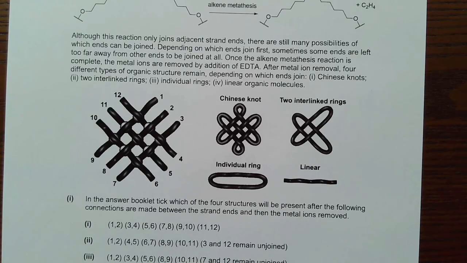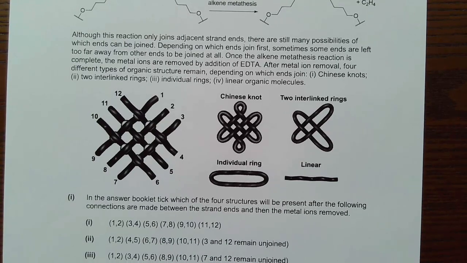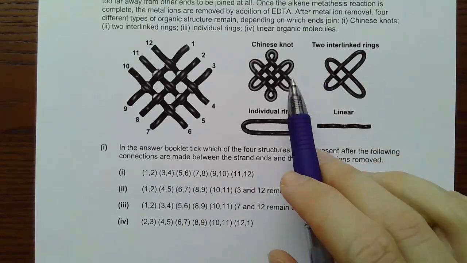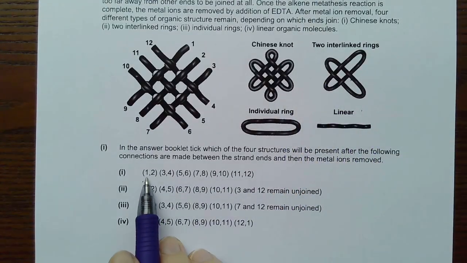I really like this question, I think it's kind of fun, but I do wonder how they come up with it. It's almost like topology or something, knots. I know mathematicians love knots. But anyway, we've got these 4 possibilities, and it gives you 4 things that they can do.